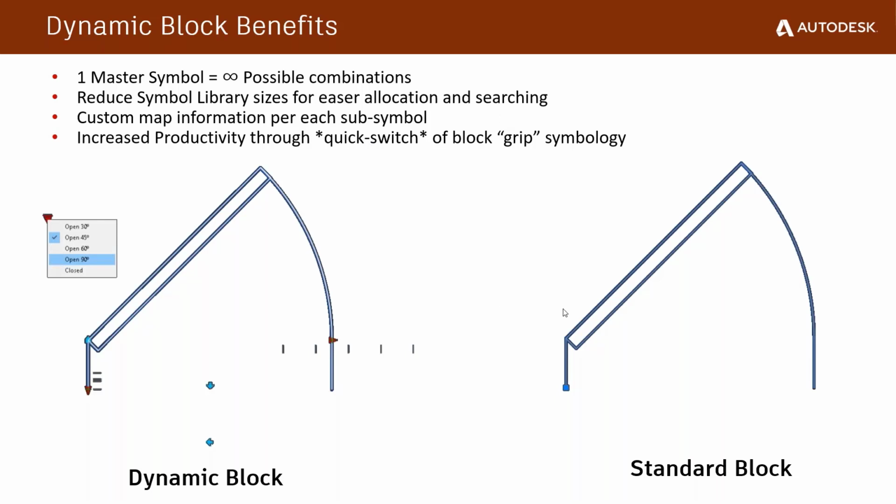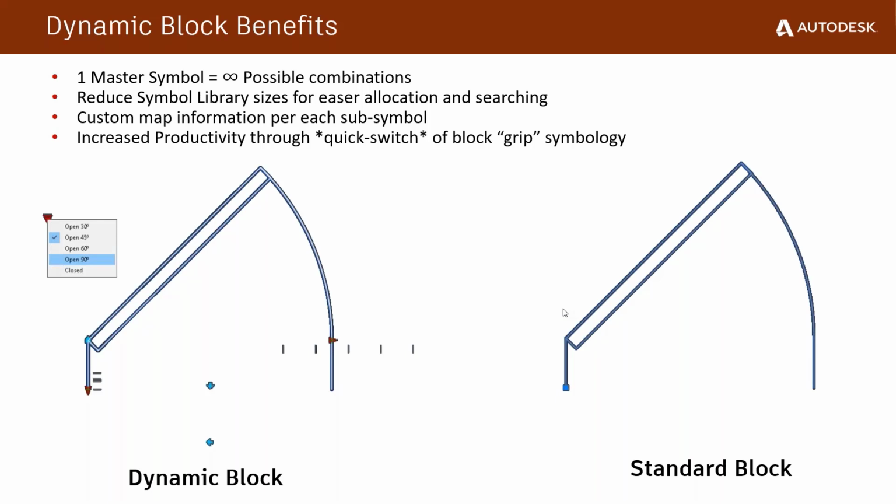So looking at dynamic blocks, what's the difference between a dynamic block and a standard block object? Well, a standard block object is a set of pieces of geometry that you've unified into one symbol: lines, arcs, circles, polylines, what have you. Text, dimensions can even be part of that, you name it. Whereas a dynamic block allows you some flexibility.